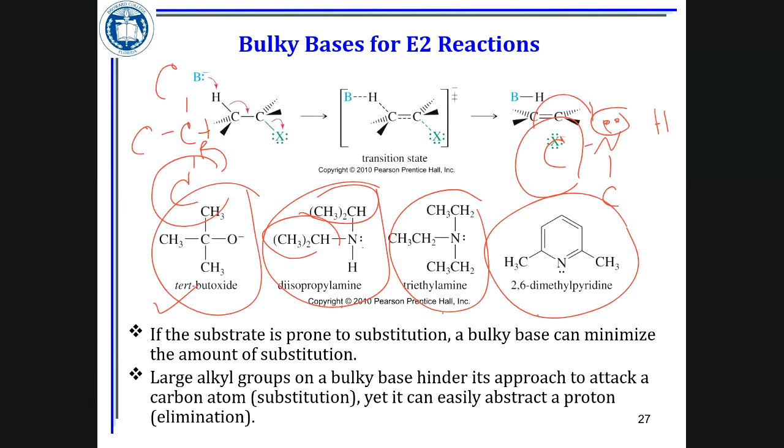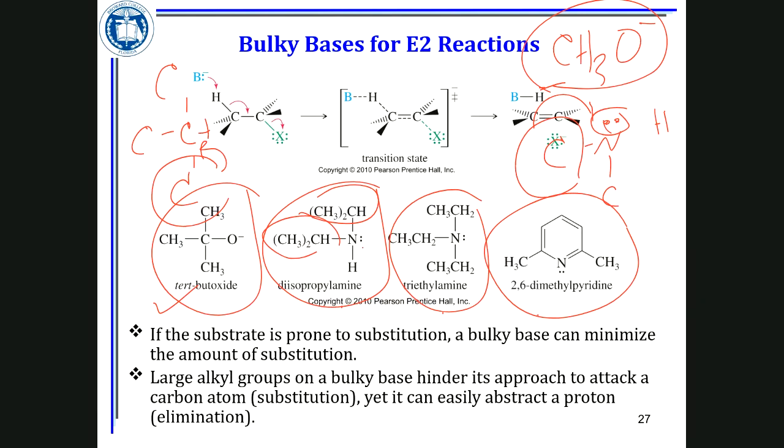You're going to use just a less bulky base, or not bulky base, like methoxide. Why would you use tert-butoxide if you can use the methoxide? Methoxide is a strong base, is not bulky, and is going to remove the hydrogen from the more substituted carbon, because it's going to give you the more substituted alkene.